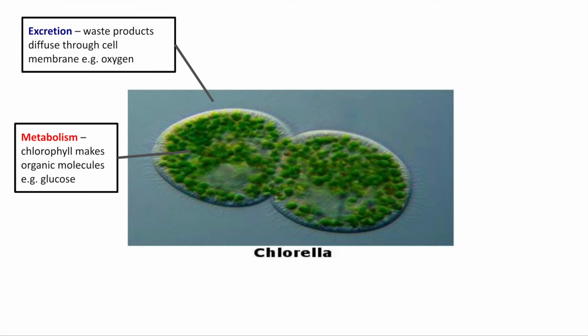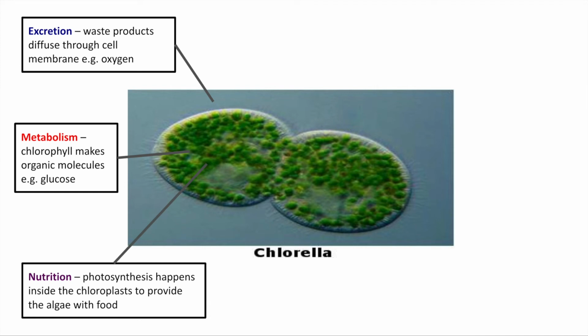Metabolism, the chlorophyll makes organic molecules, and these molecules are used in the chemical reactions that take place in the cytoplasm, which use enzymes to speed them up. Nutrition, the chlorella is autotrophic, meaning it makes its own food, and photosynthesis takes place inside of the chloroplasts, which is the process of producing the food and providing the algae with the food.